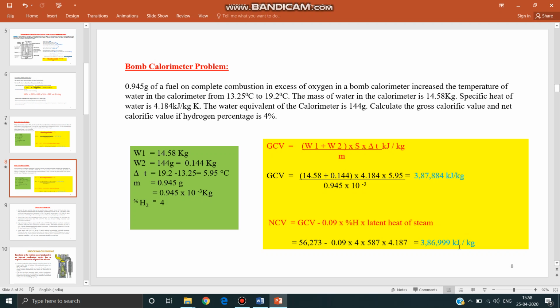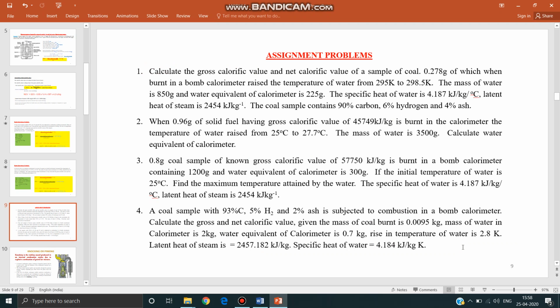And don't forget to write the unit in the final answer. So here I have given some numericals. Please try to solve all these numericals and submit it in the Google Classroom. Hard copy you have to submit while coming to the college.